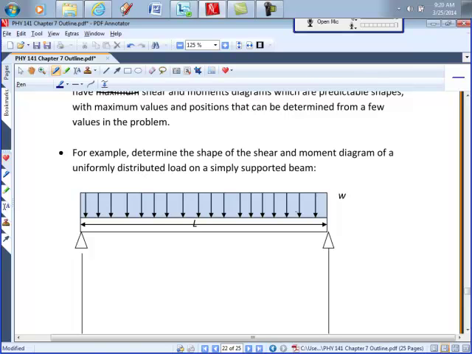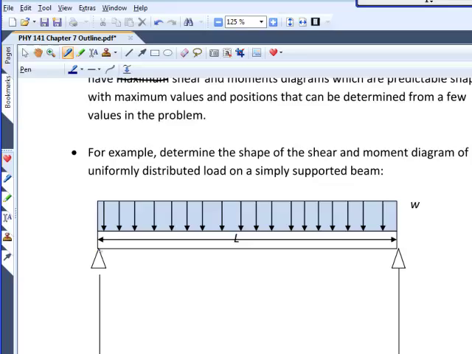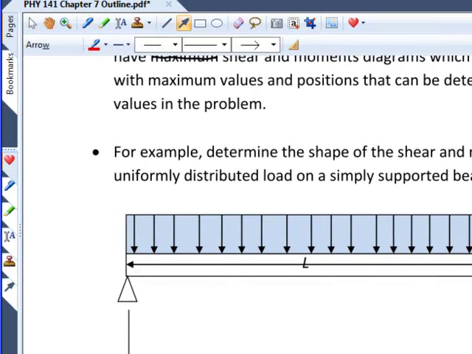Right. The total load on here is going to be W times L, and it's going to be evenly split between the two supports. So this is going to be WL over 2 and WL over 2.